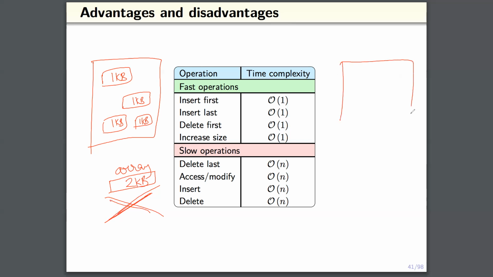But in SLL, what's the beauty? You can create an SLL requiring 2 KB easily. What's the idea? When you create a node, it will allocate memory from here. When you create another node, maybe it creates from here. Maybe the third node gets memory from here, maybe from here.